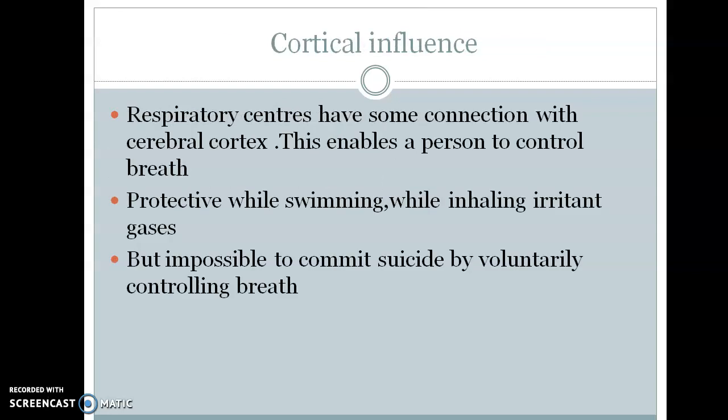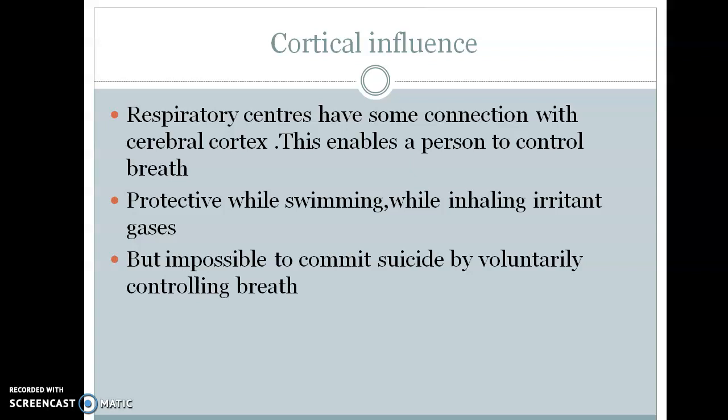The main chemical stimulus which regulates the ventilation or breathing rate is a high level of carbon dioxide. The condition of a high level of carbon dioxide is hypercapnia. It will stimulate the aortic and carotid receptors. We already discussed chemoreceptors earlier, stretch receptors and chemoreceptors. When they are stimulated, they will generate sensory impulses and transmit them to the inspiratory center.